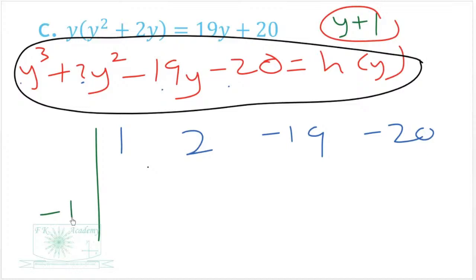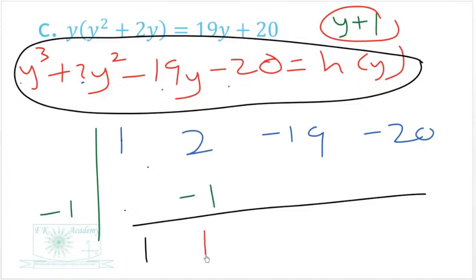So let's perform the synthetic division. We bring down 1. Now we multiply negative 1 by 1 to get negative 1. Then we add 2 and negative 1. That will give us positive 1.